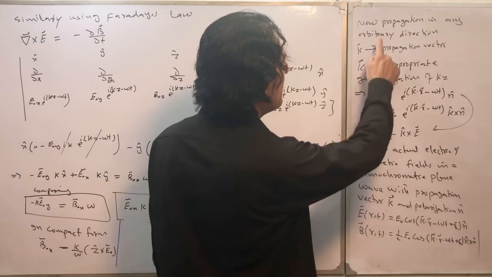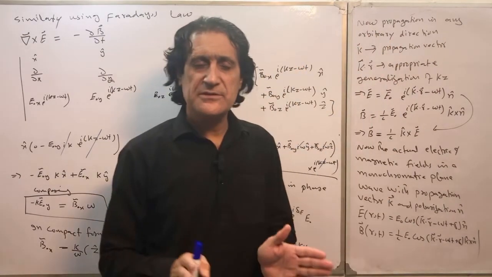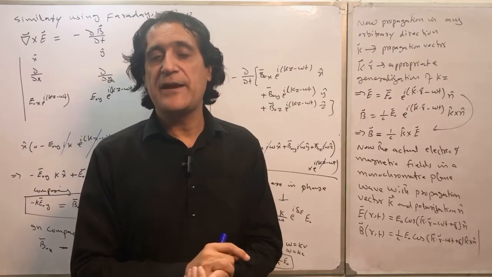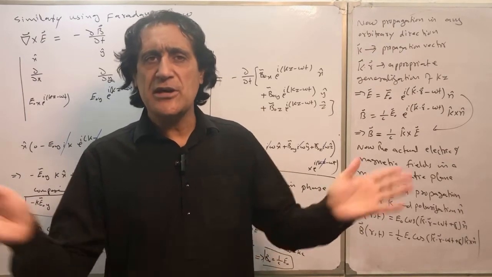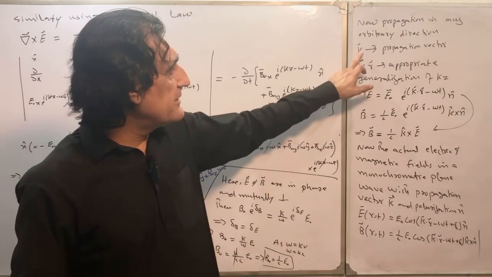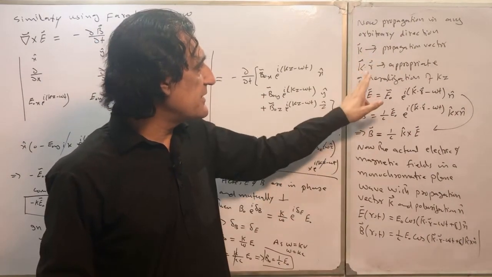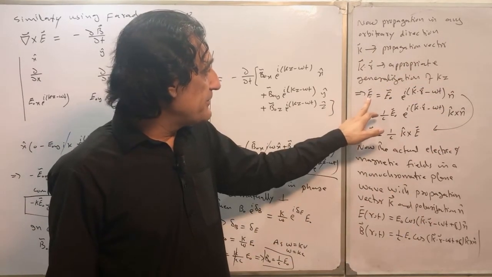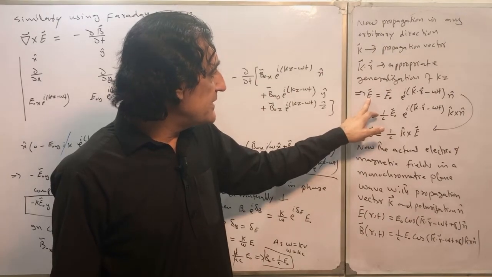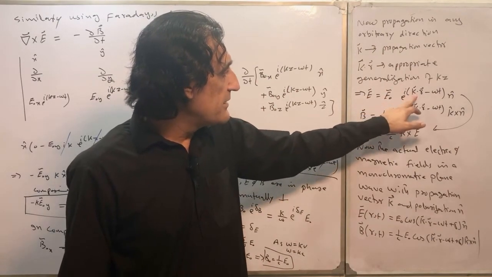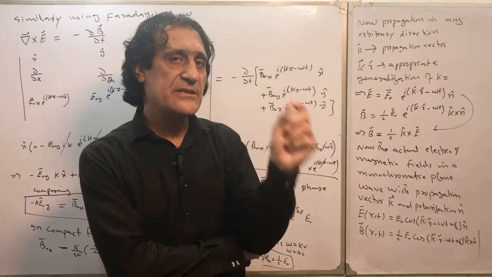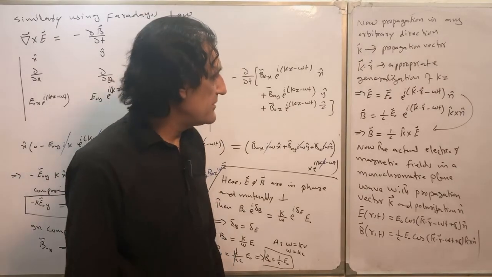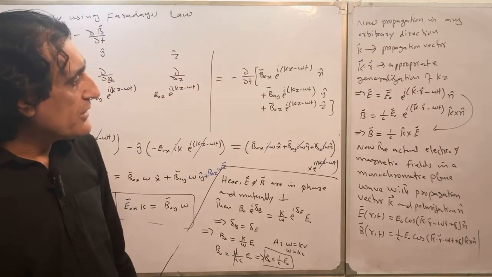Now, propagation in any arbitrary direction. If we consider the propagation of an electromagnetic wave in any arbitrary direction, then k is the propagation vector, and k dot r is the appropriate generalization of kz. If we put that, then the E field is equal to E naught e to the power, where we can replace kz with k dot r, and n is the unit vector.